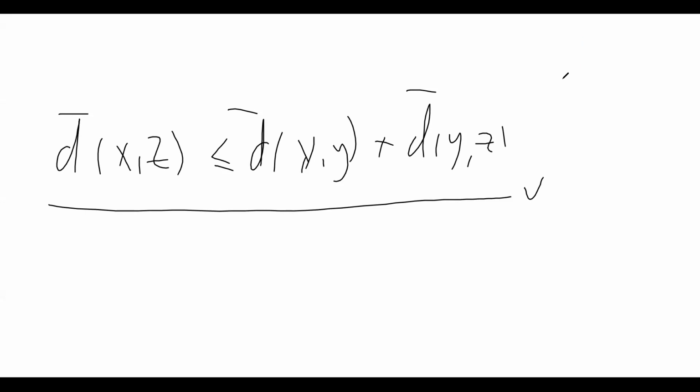Hello? Can you hear me? Yep. Okay, so if the d bar is the smaller element, 1, then 1 is smaller than 2, right? Let me write it here, x, y, and z.